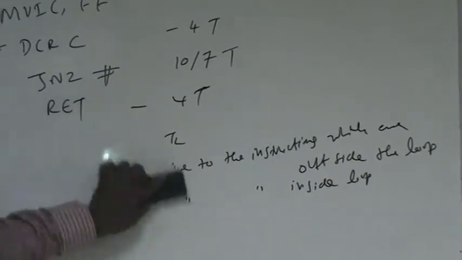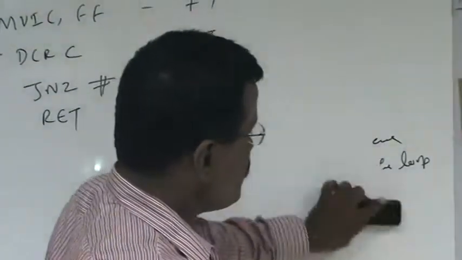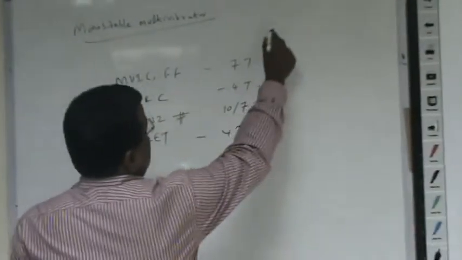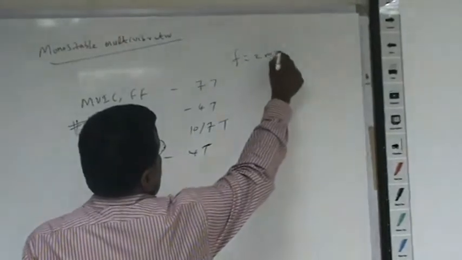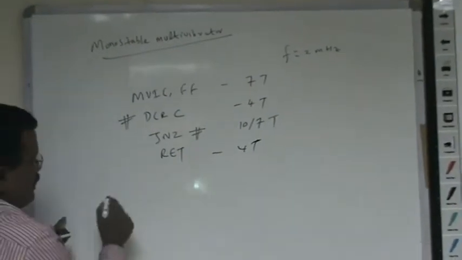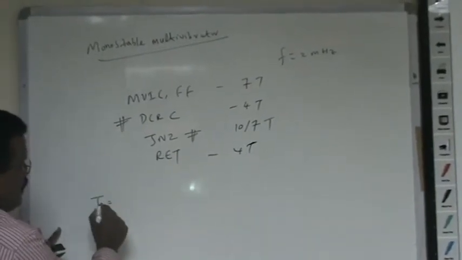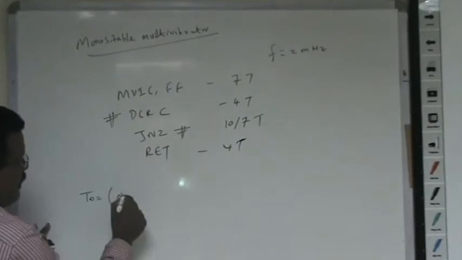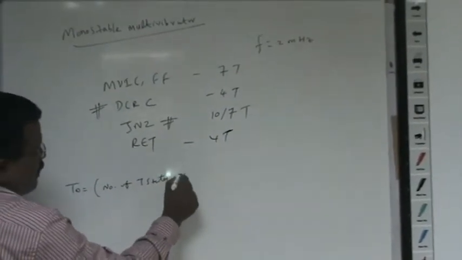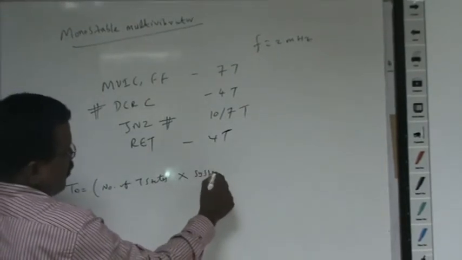Now, every microprocessor is given a clock, so let us assume that F is given as 2 megahertz. The time taken to execute these 2 instructions, T0, is given by the number of T states multiplied by the system clock period.